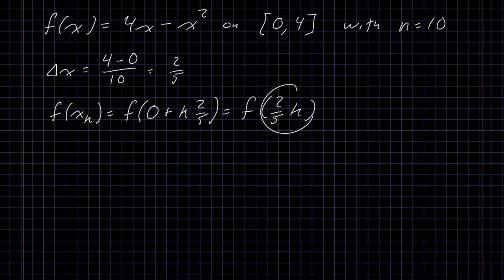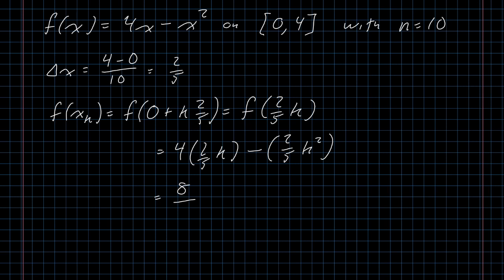Plugging that into our function, that means we have 4 times 2/5 k minus (2/5 k) squared. All told, that's 8/5 k minus 4 over 25 times k squared, which would make a lot more sense if I had put the squared outside of the parentheses where it belongs.